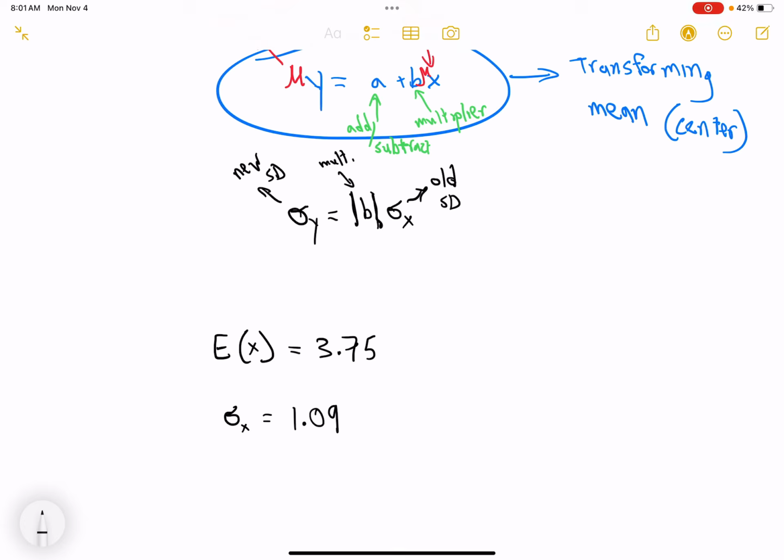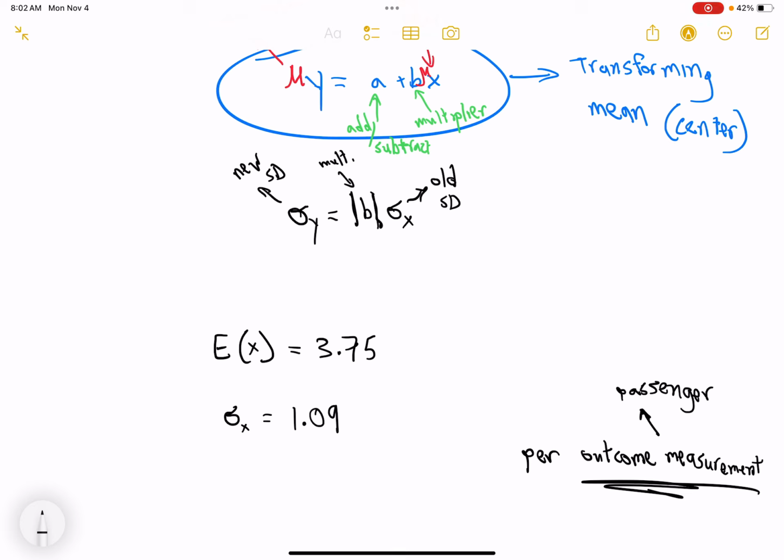Just make sure you understand that it says Pete charges $150 per passenger. Now, as a critical thinker, when it says per, and then it says the outcome measurement, in this case, passenger, I know I'm multiplying. It's either going to be multiplying or dividing here.